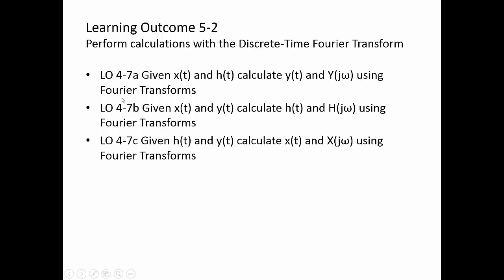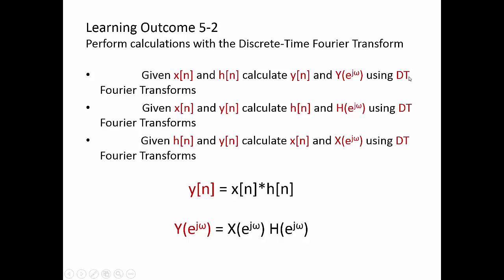Instead of using just the regular Fourier transform, the continuous time Fourier transform, you're going to use the discrete time Fourier transform. So we have y of n is equal to x of n convolve h of n, just like in chapter 2. Fourier transform of this, y of e to the j omega, is x of e to the j omega times h of e to the j omega, convolution property, table 5.1.